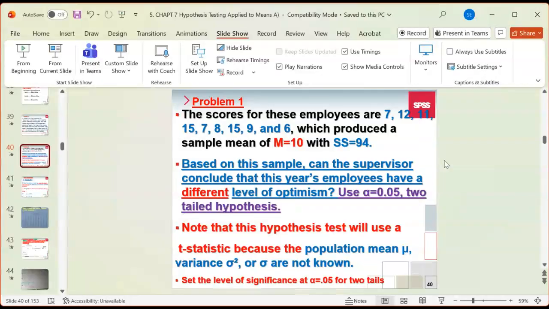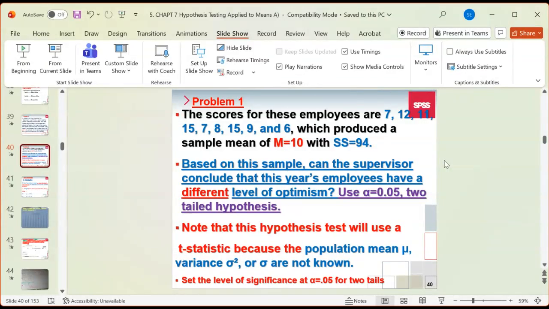You're directing, you're saying higher. I think this year's employees are more optimistic or less. But it says this year is different than, okay? So with that it is a two-tail hypothesis. And then it tells you the alpha is 0.05. If it doesn't say, use 0.05. But it clearly stated to use 0.05.